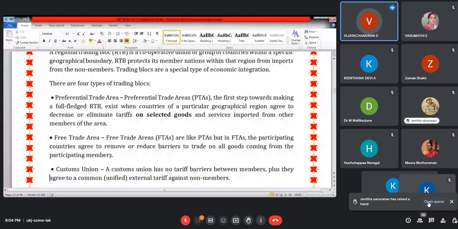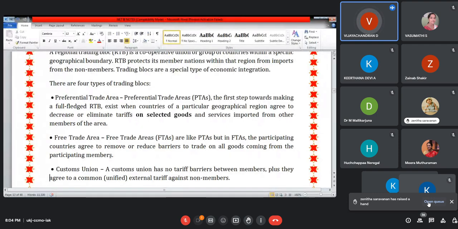So in all products, they will not have liberalization; free trade will not be there. In a particular product only they will have free trade. Free trade means what? Elimination of barriers. So that is PTA. I think you could understand.